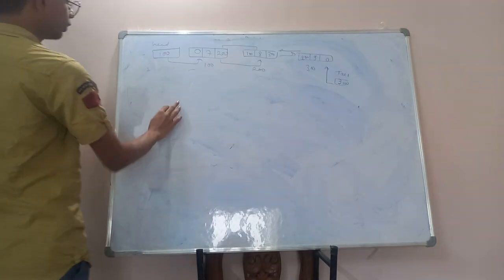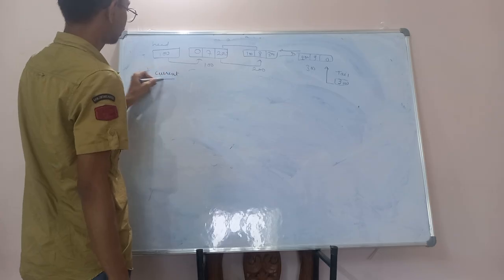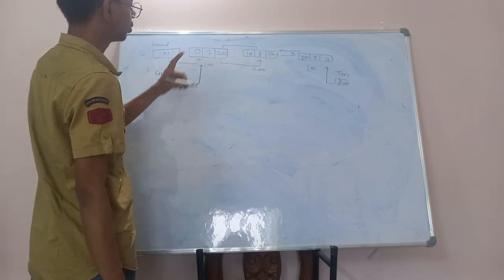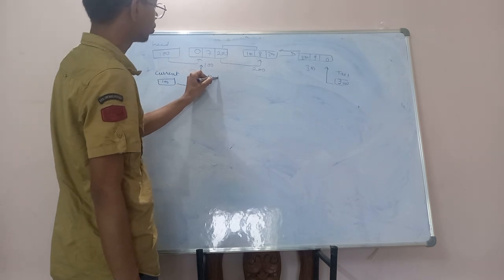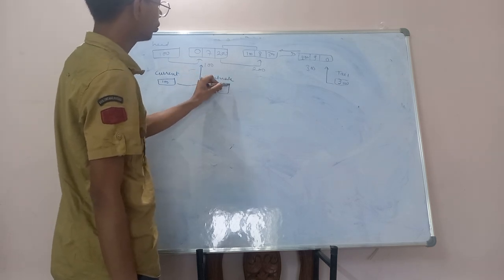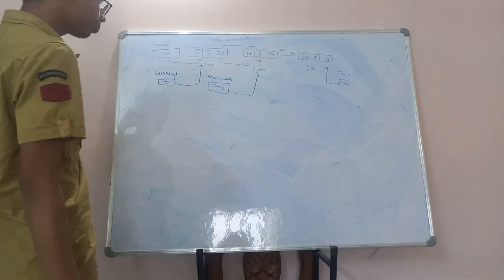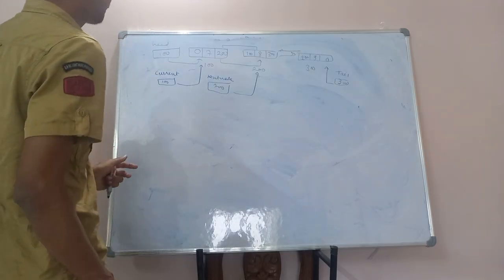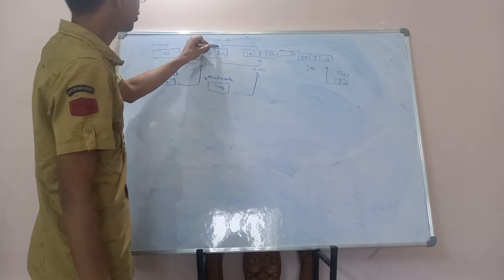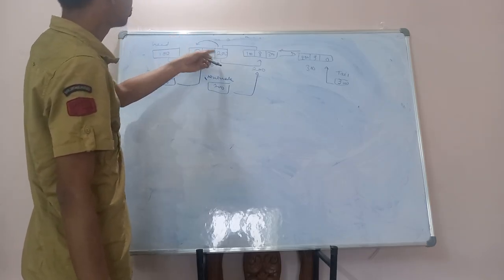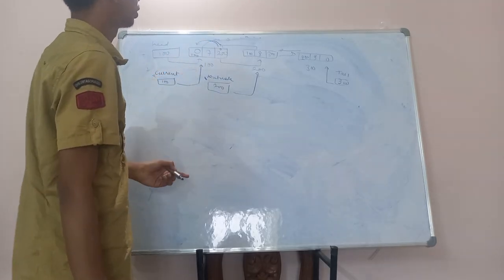Right, so what will I write? Suppose I have a pointer, current, pointing to this node, and another pointer, next node, pointing to this node, right? So what will I do? With the help of these two nodes, I will swap the value. I will get my 200 here, and I will swap my 0 here, right?